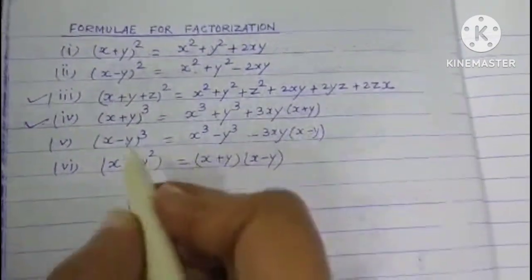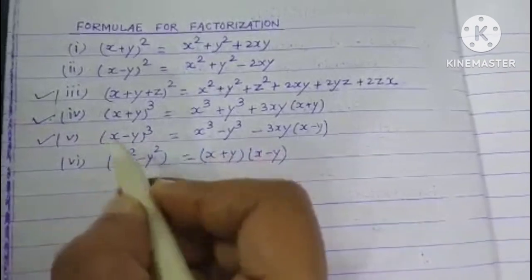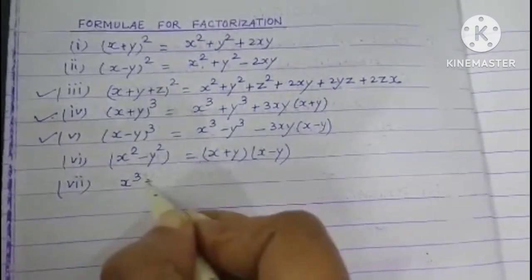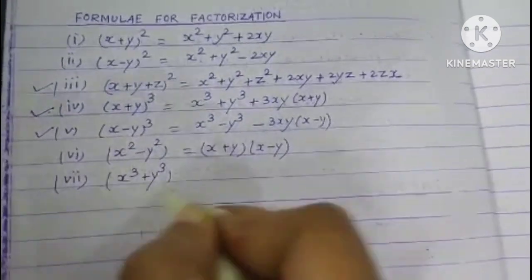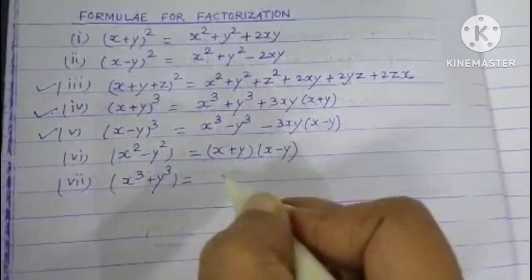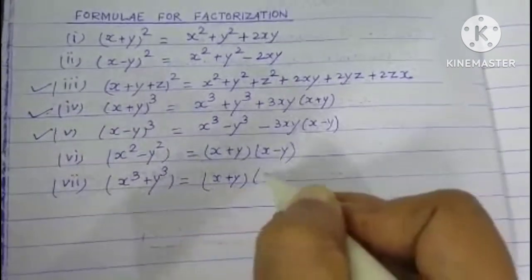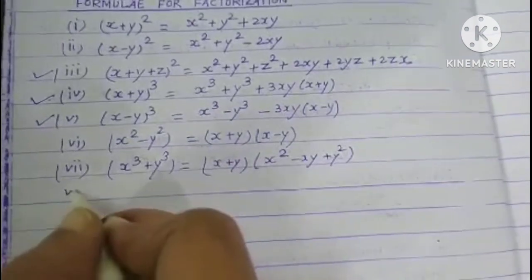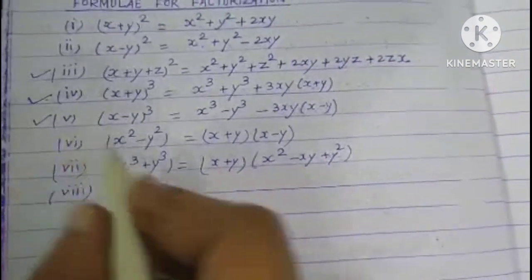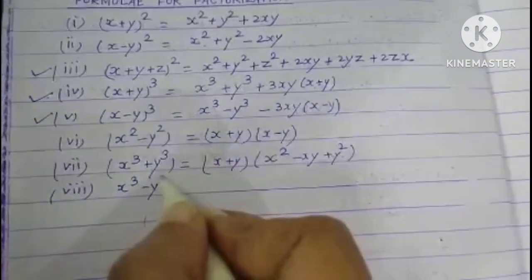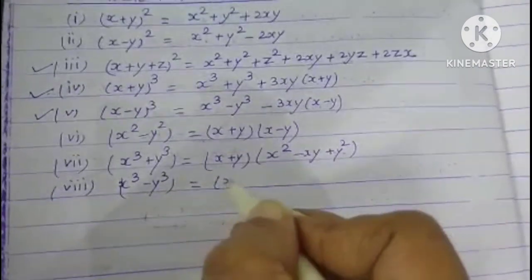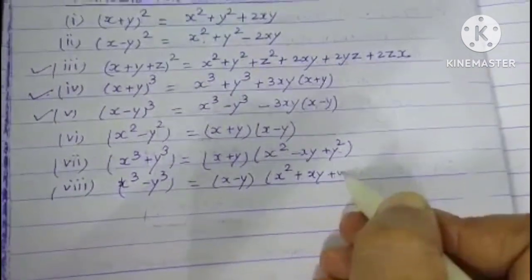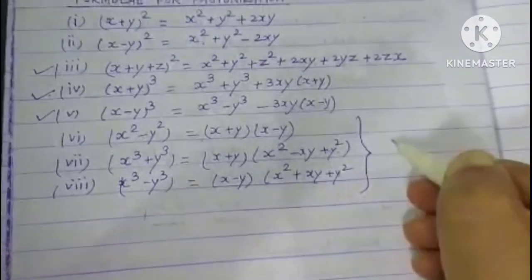And from these two we use two more formulae: x cube plus y cube is equal to (x plus y) into (x square minus xy plus y square), and x cube minus y cube is equal to (x minus y) into (x square plus xy plus y square). These three we use for factorization.